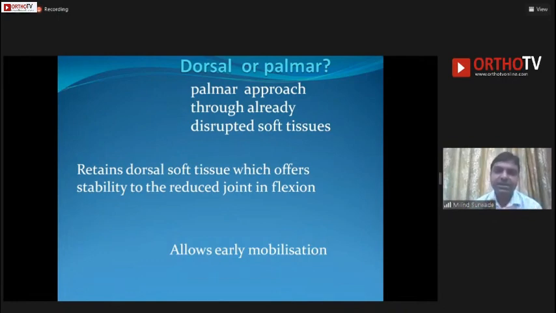Because the lesion is on the Volar side, the soft tissue injury is on the Volar side, so we are going through the damaged tissue and not causing any surgical insult to the healthy tissue. That's how you preserve the dorsal extensor mechanism and dorsal capsule, which offers stability to the reduced joint in flexion, and that's how we can mobilize the joint early.